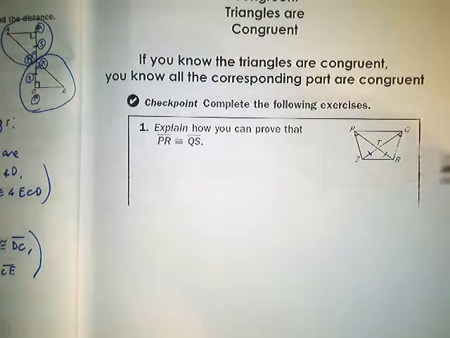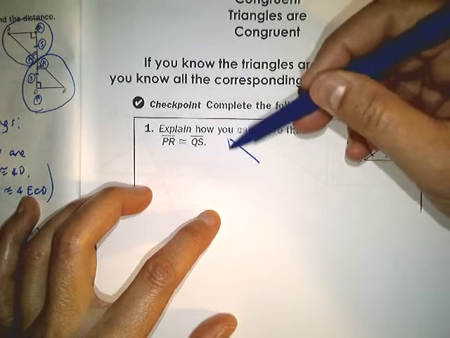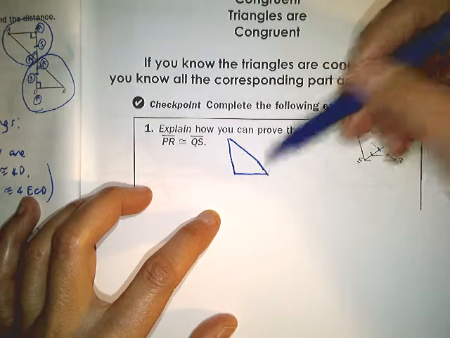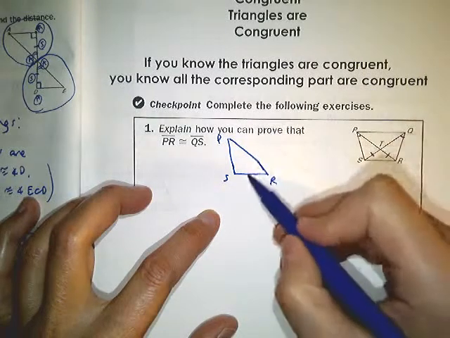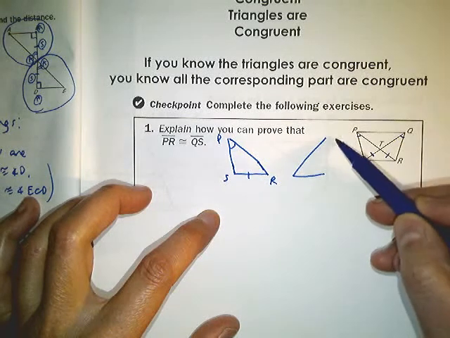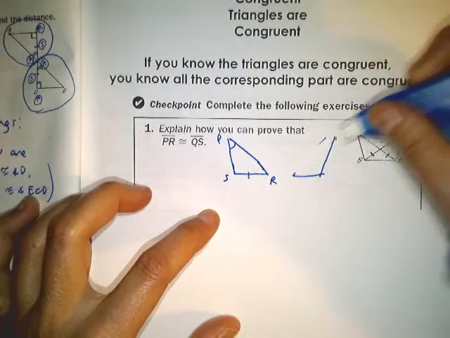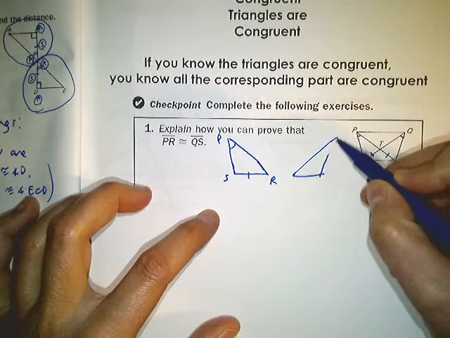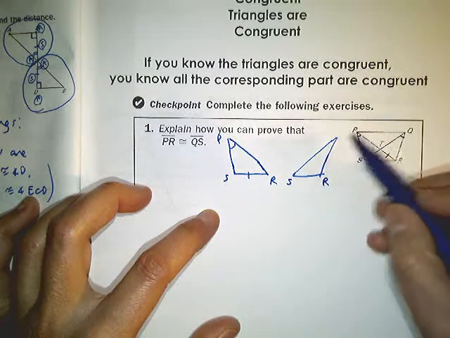So basically I have two triangles. I have PSR and SRQ.